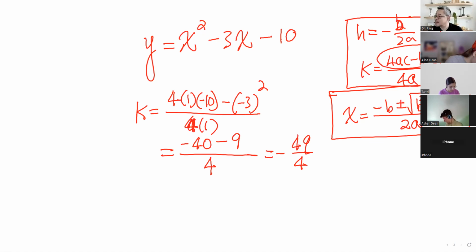Let me lock in. All right. So negative, that would be positive, right? 3. All right. B squared. 4 times A, which is 1, that would be 4. So B squared minus 4 times 1. That'd be negative 10.